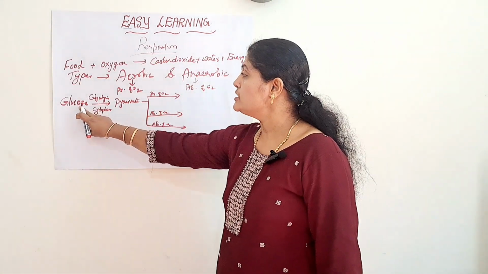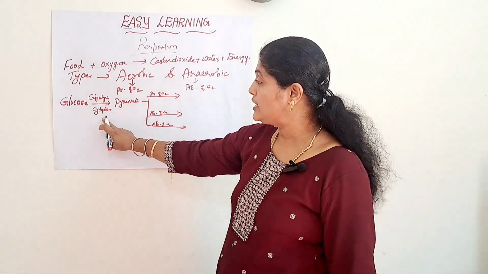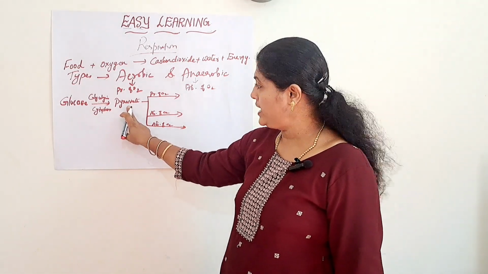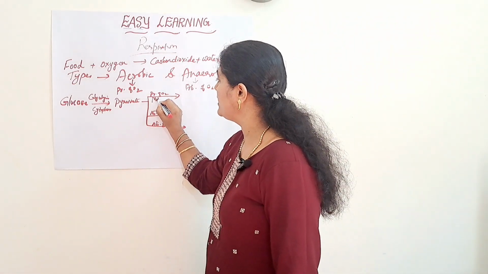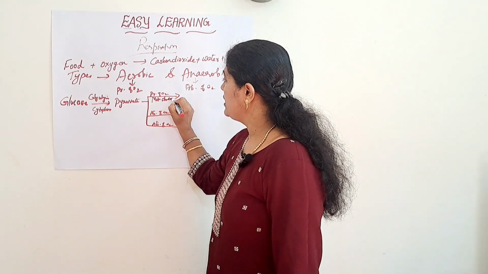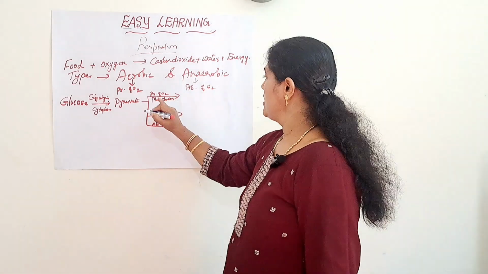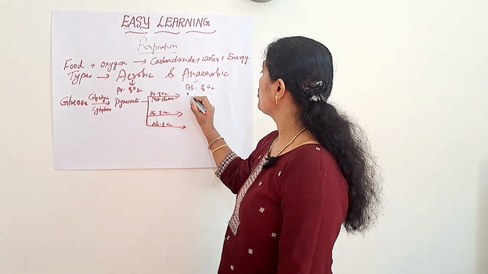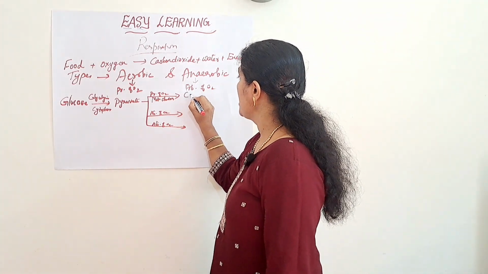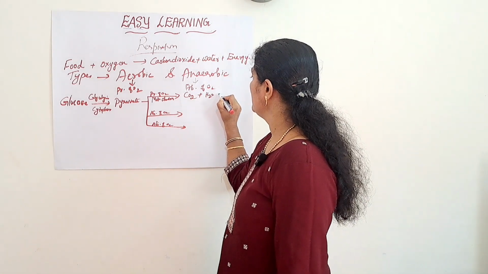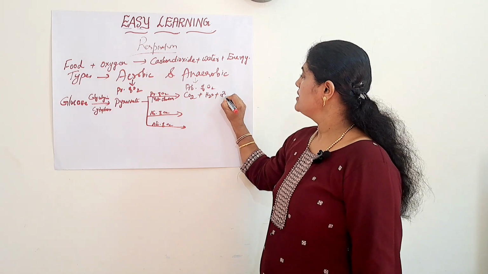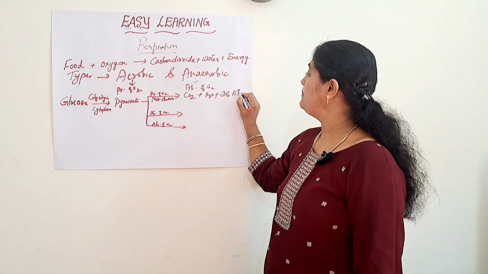So the glucose, by the process of glycolysis in the cytoplasm, is broken down into pyruvate, and this pyruvate, in the presence of oxygen in mitochondria, is broken down, releasing carbon dioxide, water plus 38 ATP molecules.